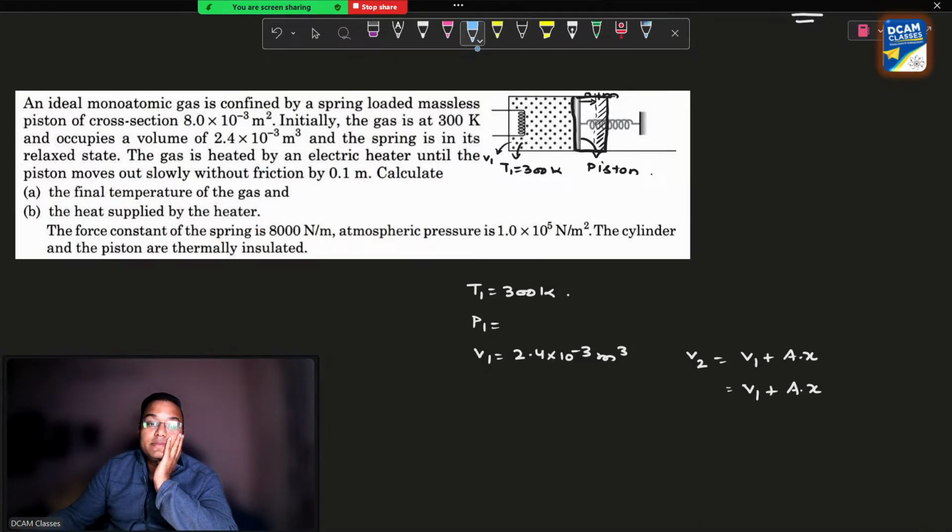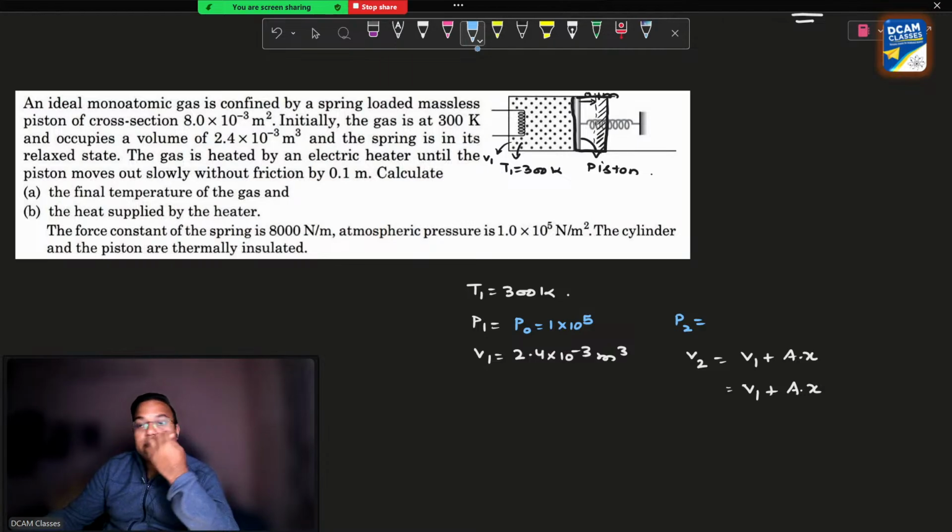The gas was in the relaxed state, the spring, so the pressure should be atmospheric pressure, P naught, 1 into 10 power 5, initially.